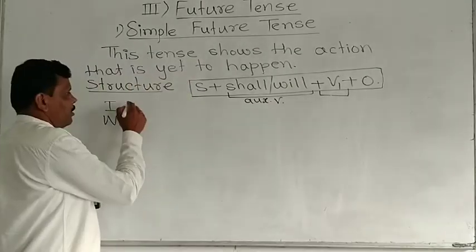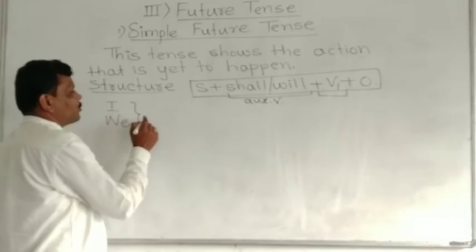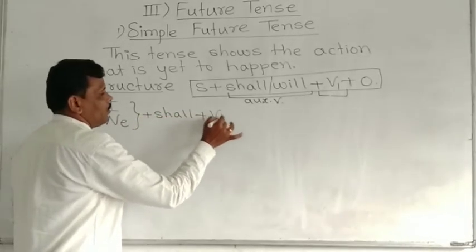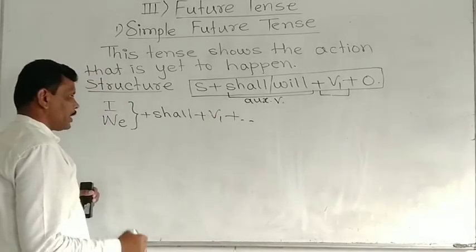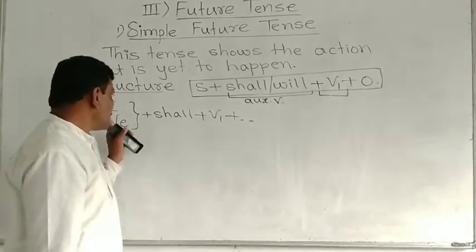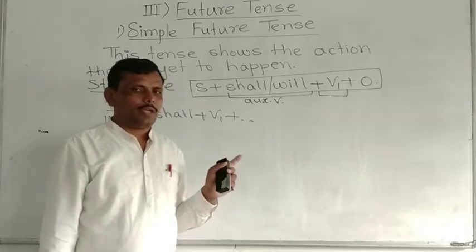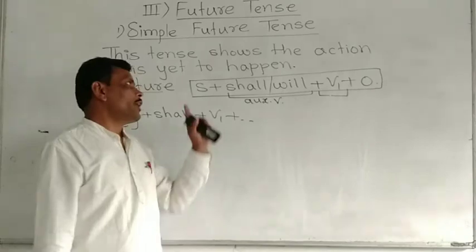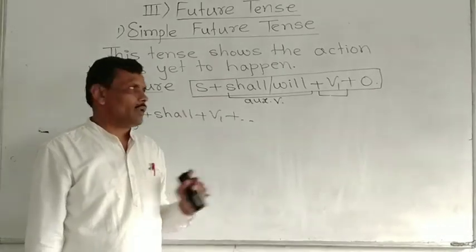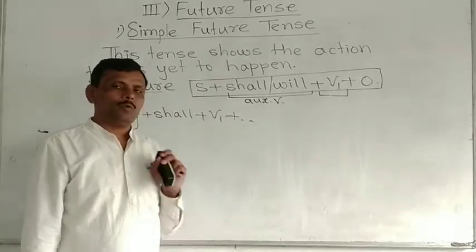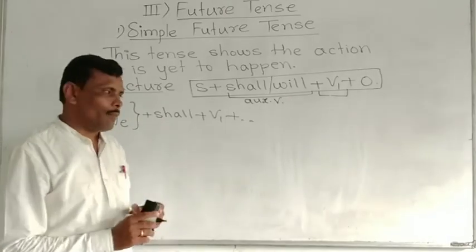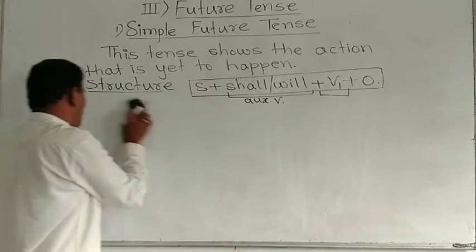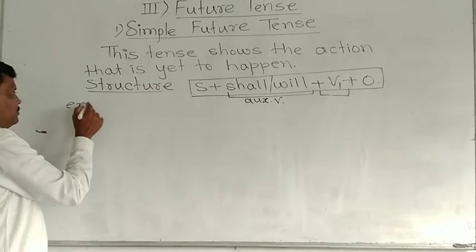After I or we we have to use shall plus V1. Except I and we, if there are other subjects, we have to use will plus V1. Now we have to discuss the examples. See here the examples of simple future tense.